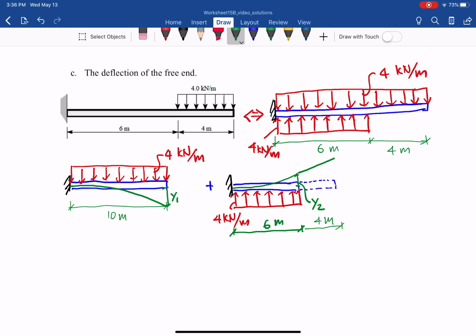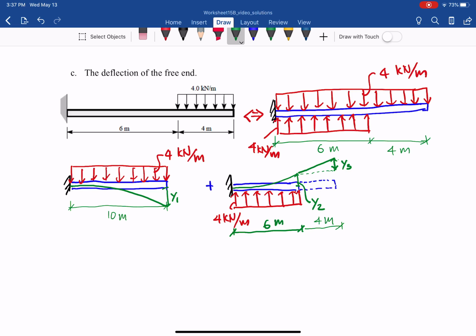That additional deflection here, we call y3. And if we add y1, y2, y3, it will be equal to the total deflection that we have.